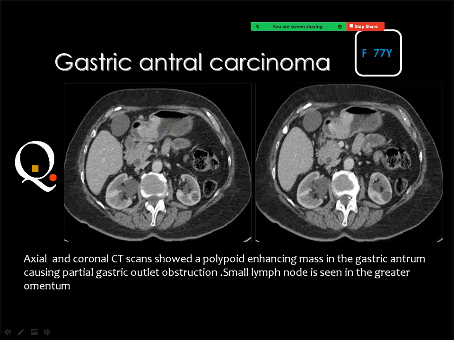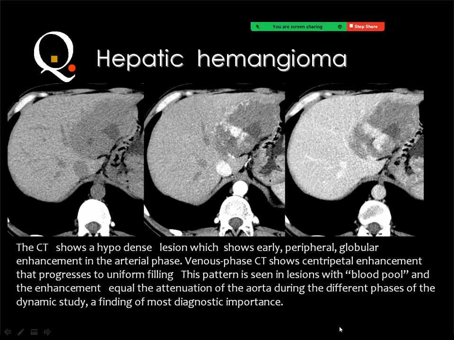The only maybe abnormality here is that the common bile duct is prominent, and this is considered a normal variant in some patients, unless you can see an obstructive lesion like a stone, for example, which may lead to some dilatation of the common bile duct. It happens that the stone has passed, and this is residual dilatation of the common bile duct.